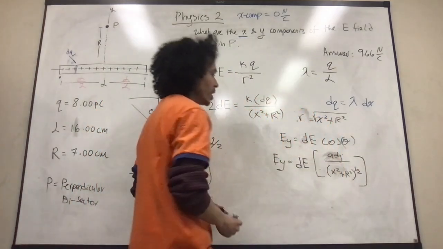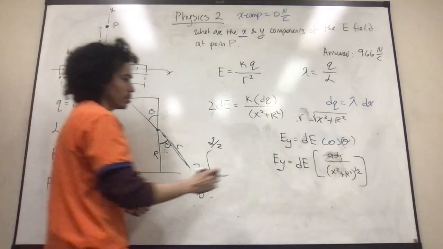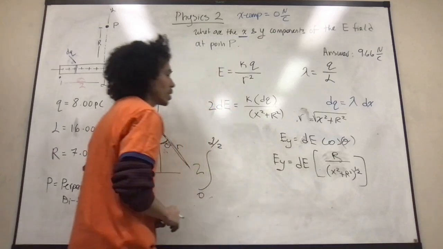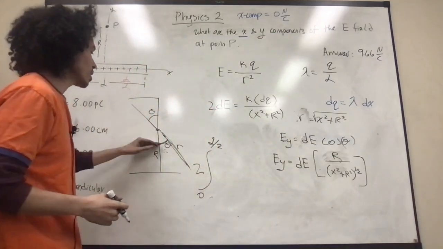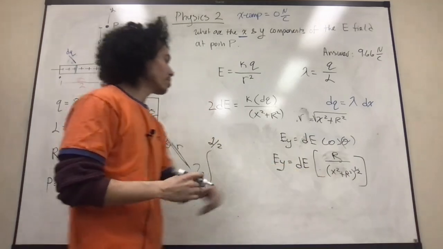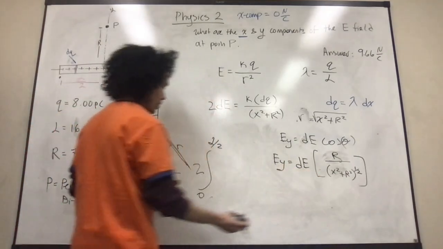Then our adjacent would be r. That way we don't have to talk about angles or anything. We just know that as x changes, this is the changing factor of this equation.